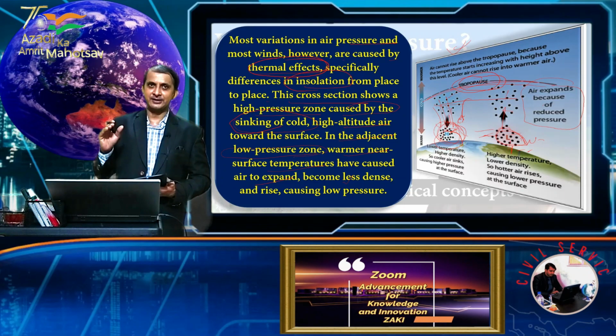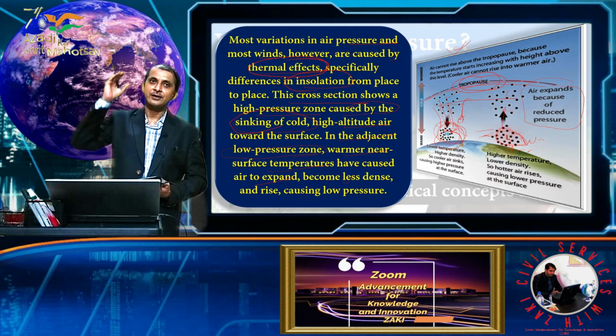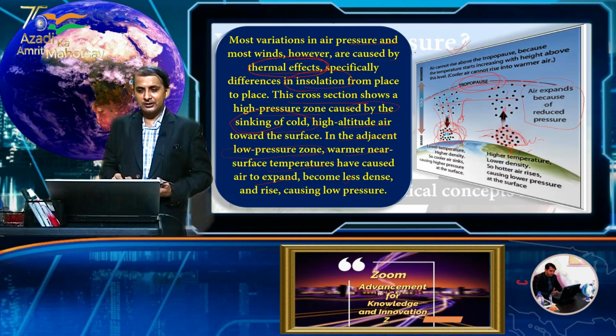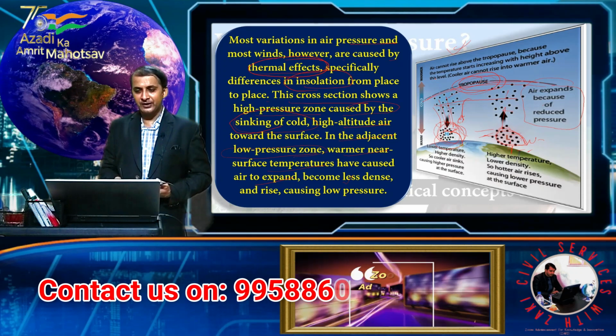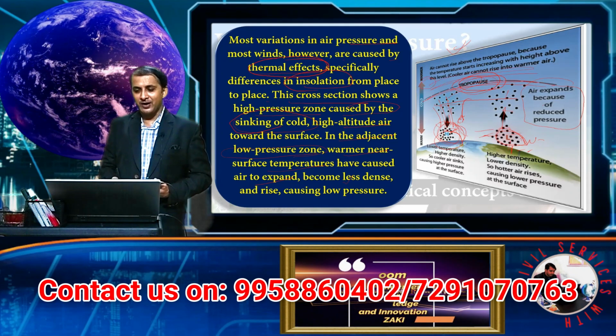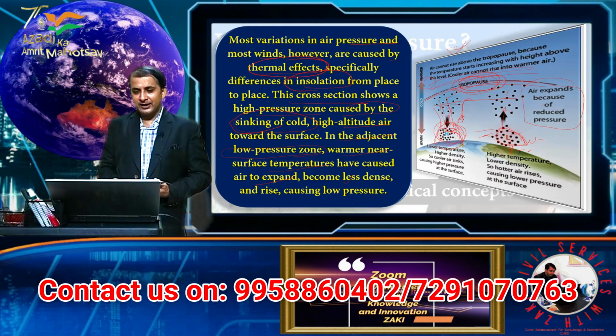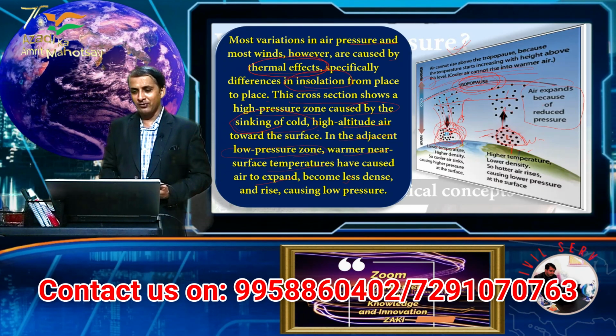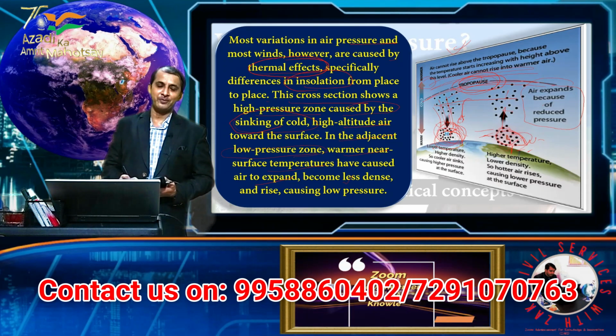Warmer air is less dense and lighter than colder air. Above the troposphere, it is warmer. That's why the colder area creates high pressure and the warmer area creates low pressure.